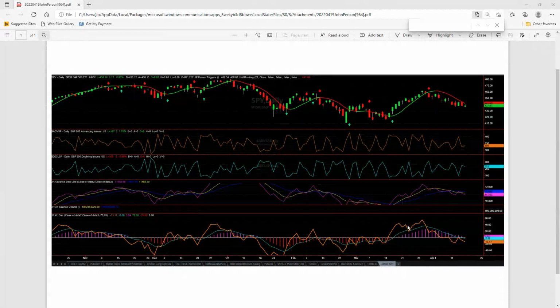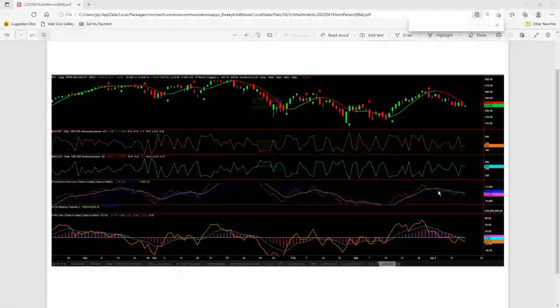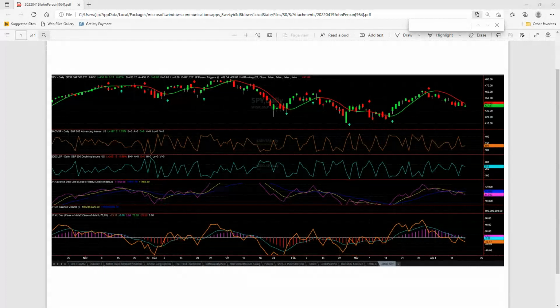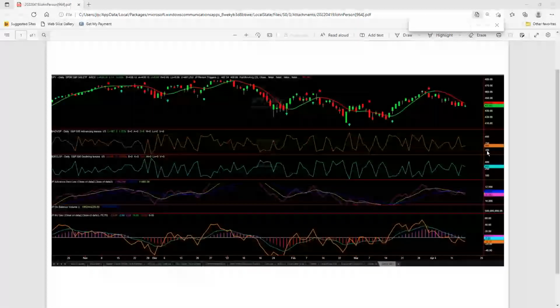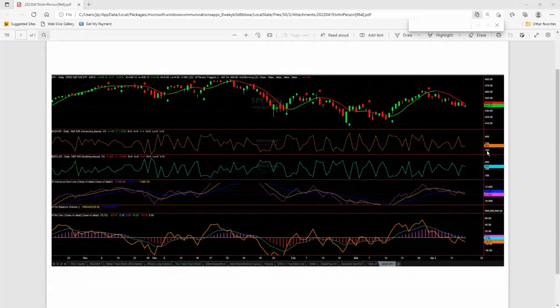So bottom line, Jim, to answer the question, is breadth important? I think you insinuated the advance-decline is a must to keep individuals out of trouble. And it's true. If you're bearish on the market and the advances are like 380, now think about it: what's 70% of the S&P 500? 70% would be 350, 80% is 400. If you have 400 stocks positive on the day, that's pretty strong.